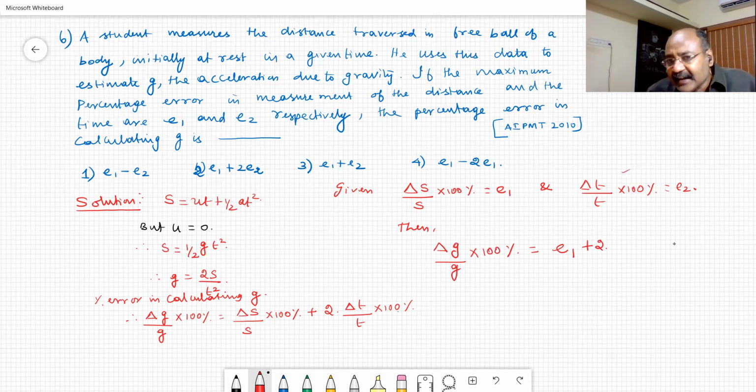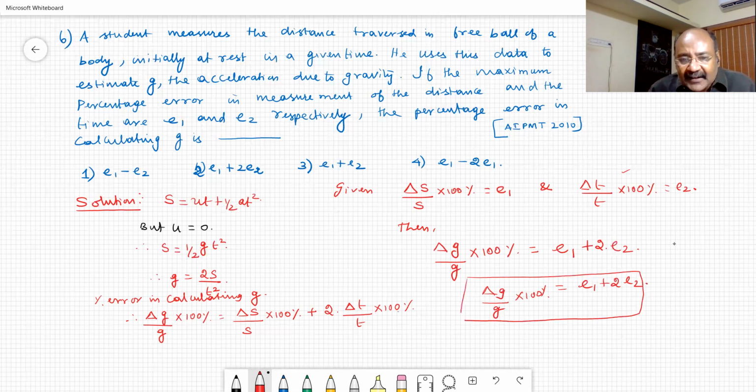Here it is given delta T by T into 100% is E2. So the final answer that I am getting in calculating the most probable error in G is equal to E1 plus 2 into E2, which is equal to delta G divided by G into 100%. So this is the answer.